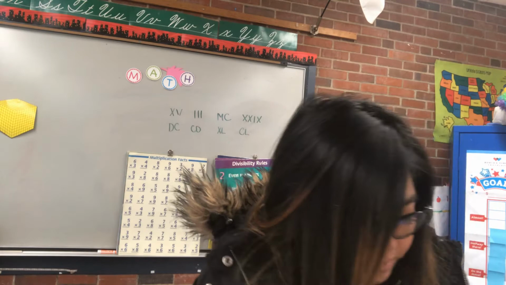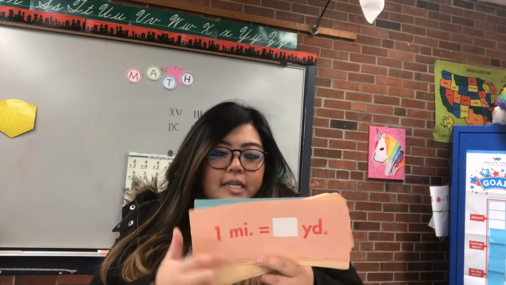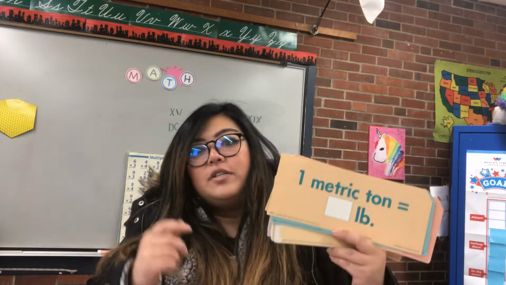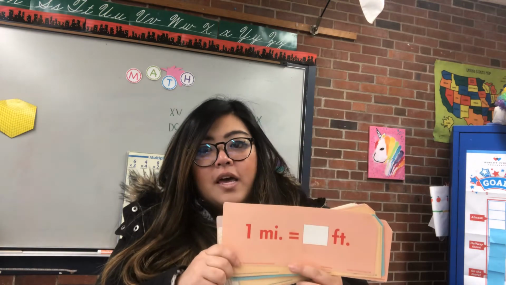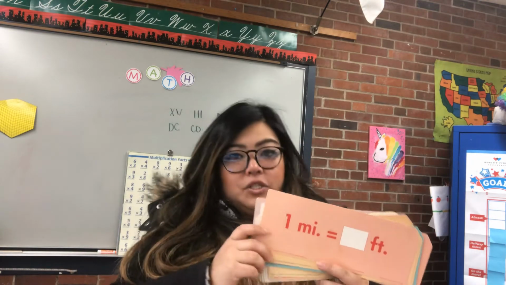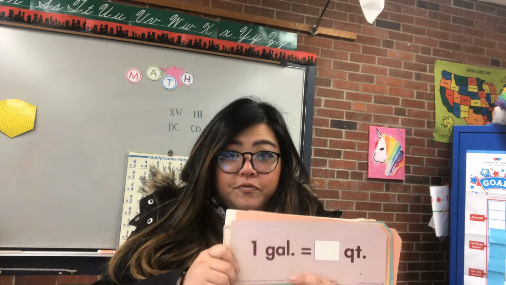All right, let's go over some more cards. 16, 1,760, 12. Reading these backwards is very interesting. 2,200, 1,000, 5,280.